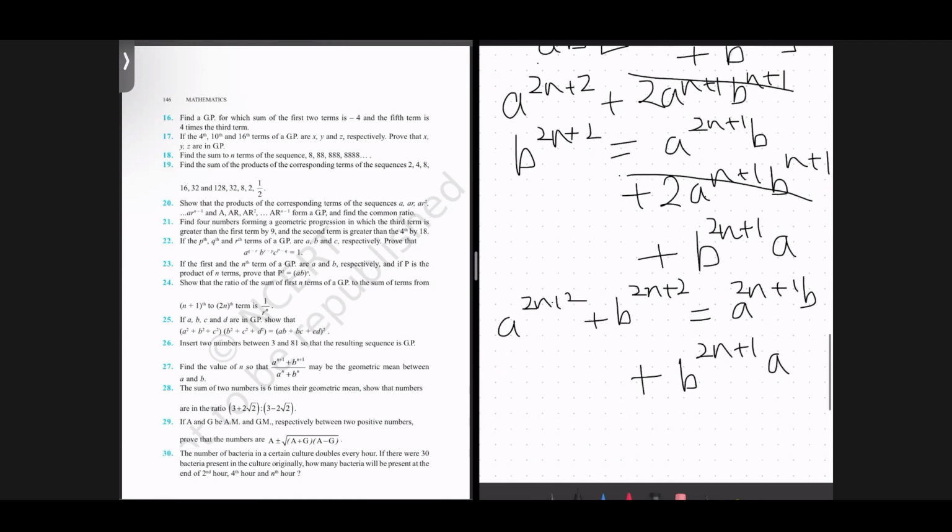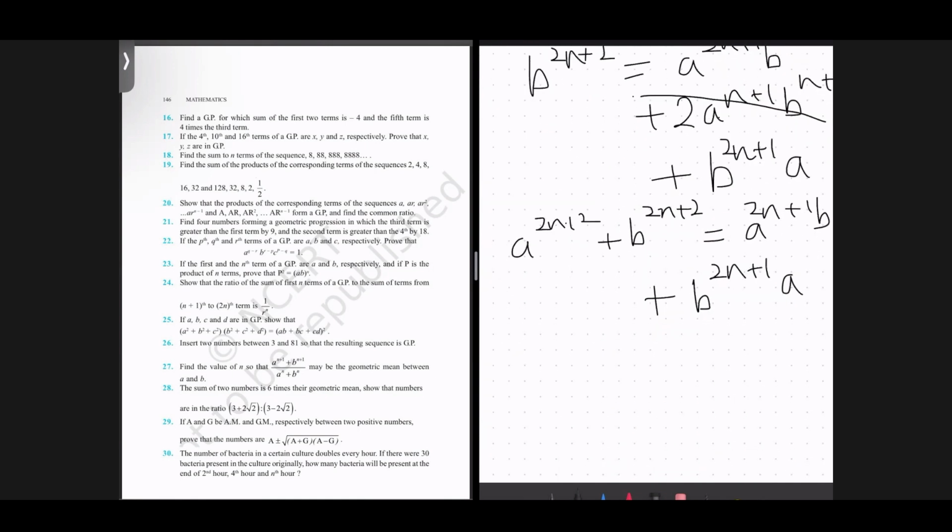Correct. Now, what you do is you take b raised to the power 2n plus 2 to the RHS and take the term a raised to the power 2n plus 1 b to the LHS. Why should you do that?